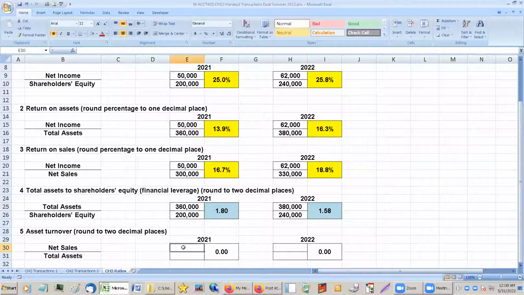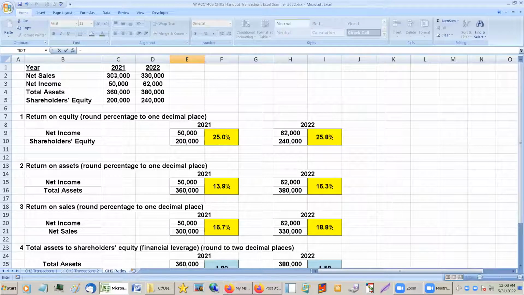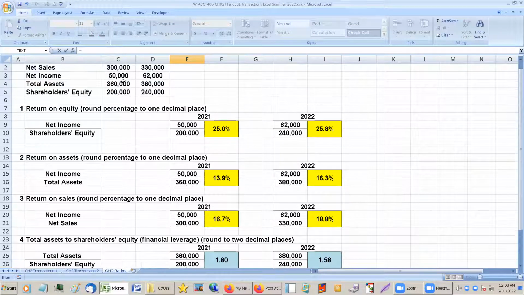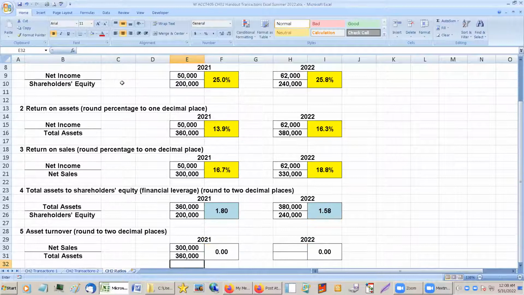Okay, and sales to assets. Okay, let's see our sales. And you could just grab these out of the other ones too. Assets.